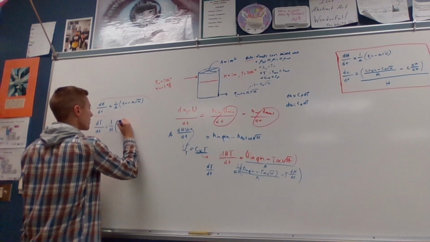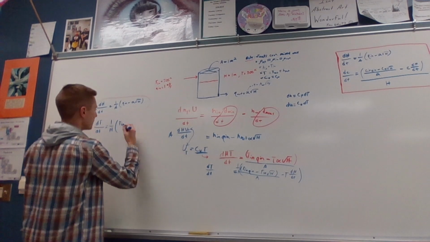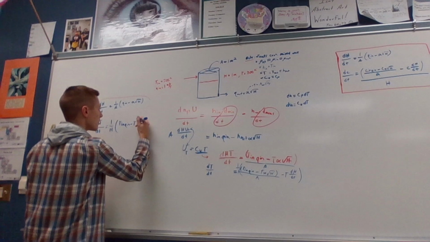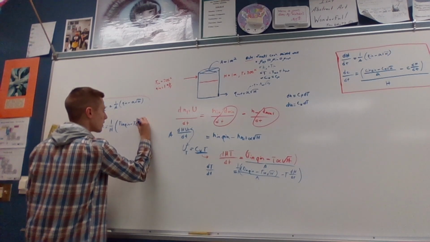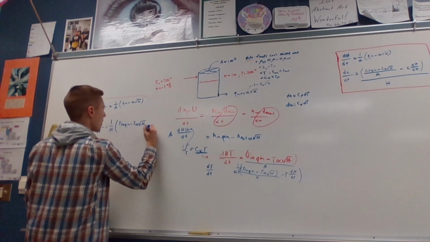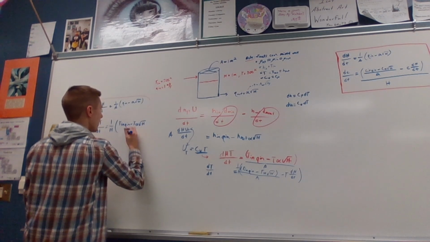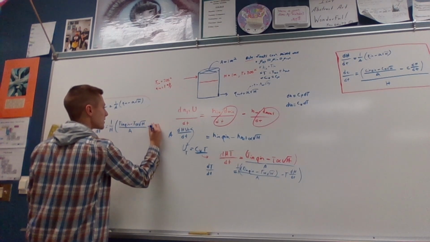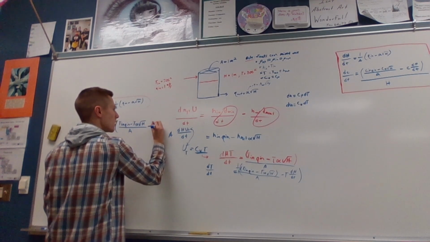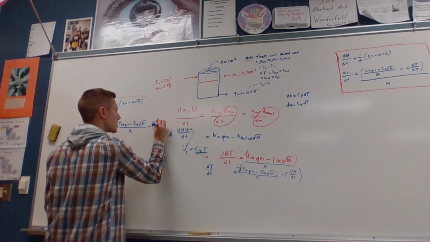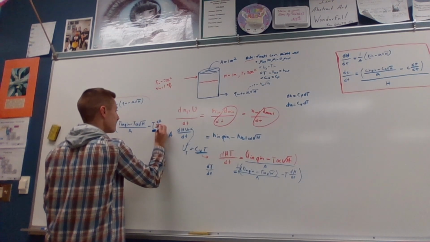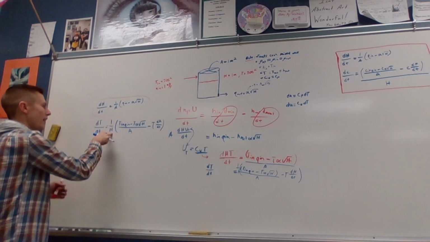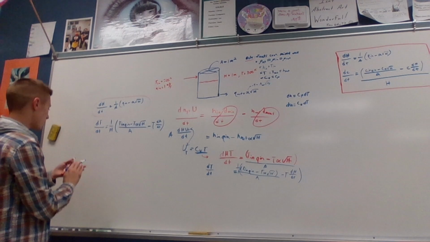So our temperature coming in of the water times our flow rate of the water coming in minus the temperature of the water leaving times the flow rate of the water leaving. And then that is all divided by our cross-sectional area minus our temperature times a small change in the height divided by a small change in time. And this entire thing is divided by the height of the water. And that is our final equation.